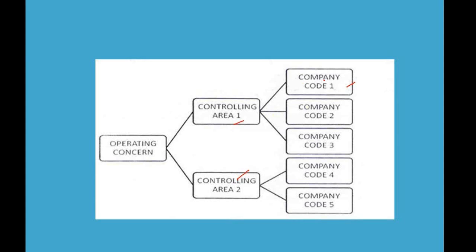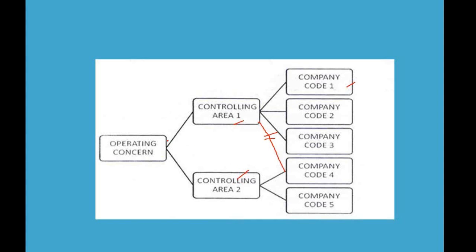When we are assigning a controlling area, we can use a single controlling area for multiple company codes. But we can't assign 2 controlling areas to a single company code.